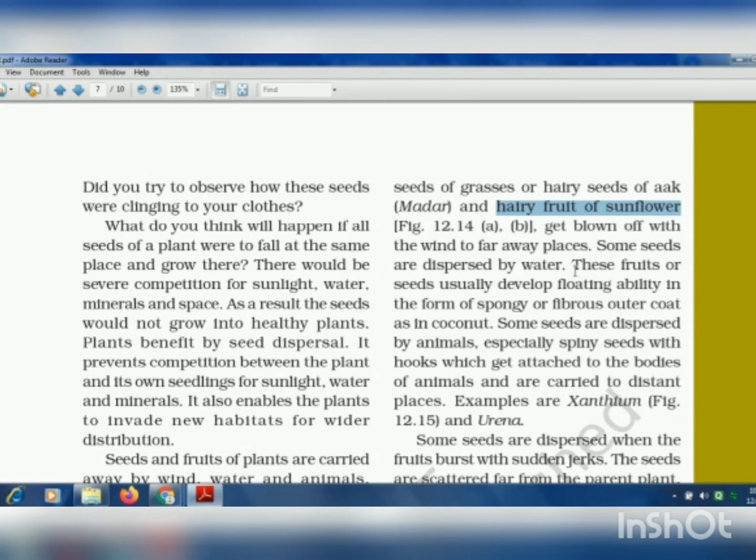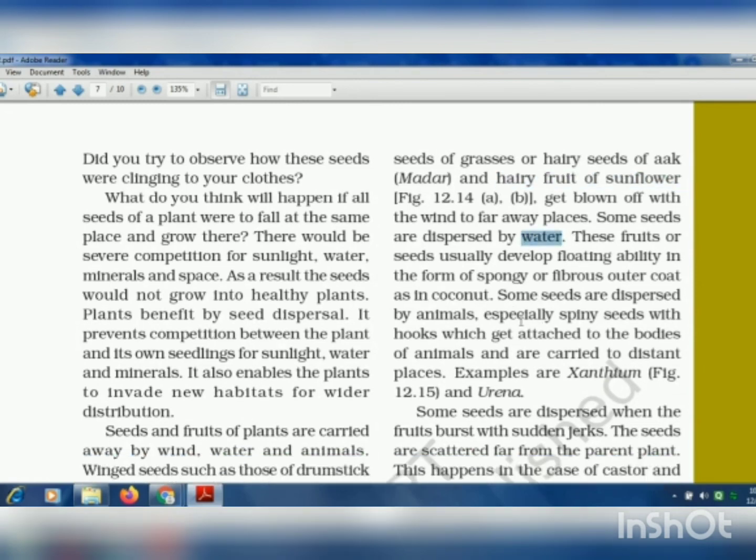Okay, now the other one we are going to look into is water. Through water, the coconut plant seed is getting transferred, because you must have seen that the coconut's outer part has hair-like structures, string-like structures, right? And those string-like structures help the fruit keep floating on the water, and the fruit has such ability that it floats on the water.